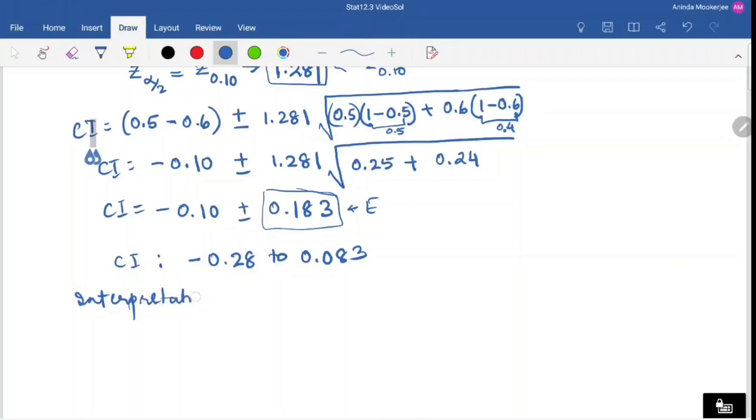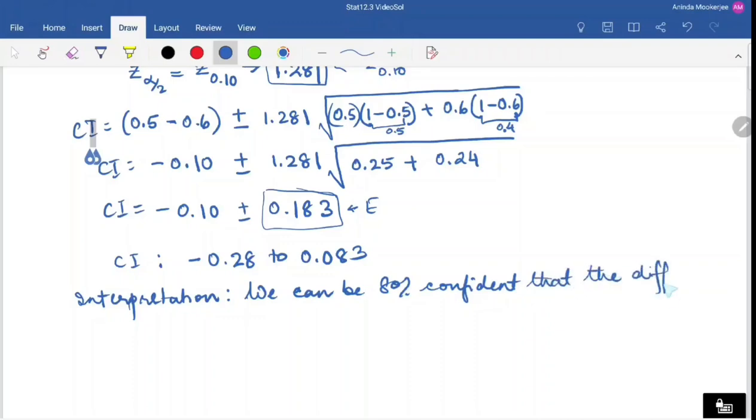The way we interpret it is we start with our confidence interval. So we can be 80% confident that the difference, because we are again talking about a difference, we are comparing two proportions. The difference in the two population proportions, when you are interpreting it, make sure you use the word population, or you are suggesting that it's the population that you are talking about.